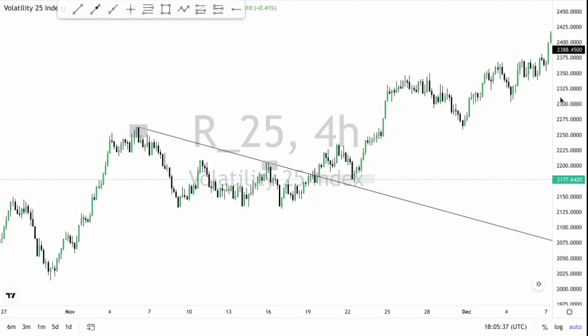After this lesson you are supposed to understand how you combine the market structure and order blocks. If you don't understand, I encourage you to go to the first lesson and follow all the lessons religiously, and that way you are going to understand everything.